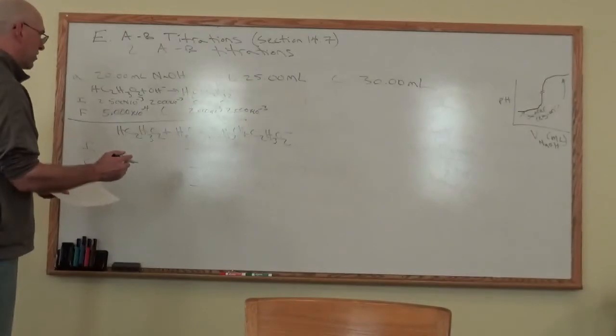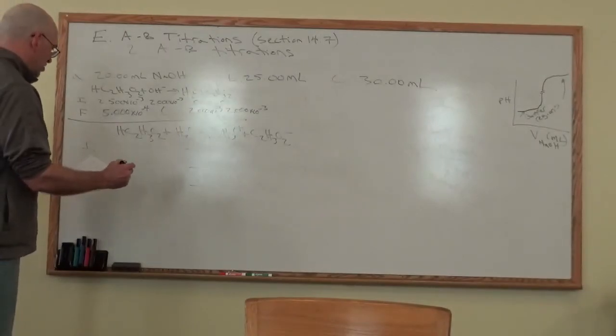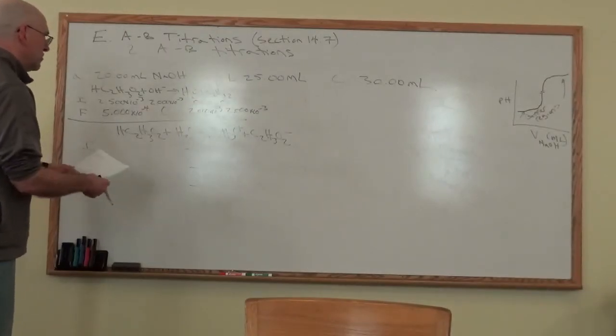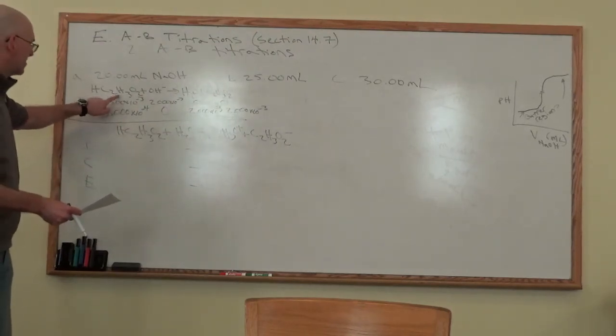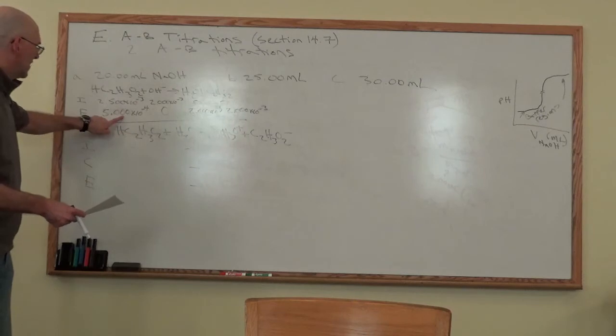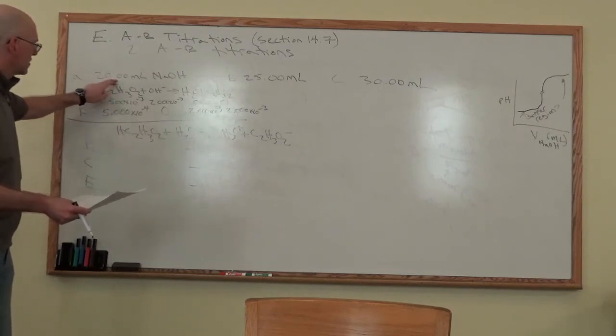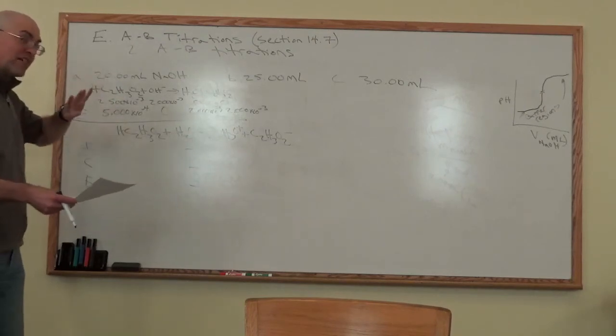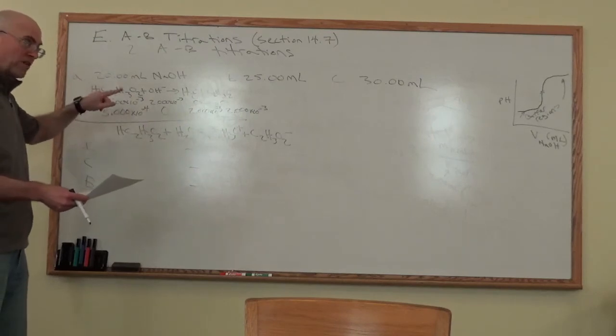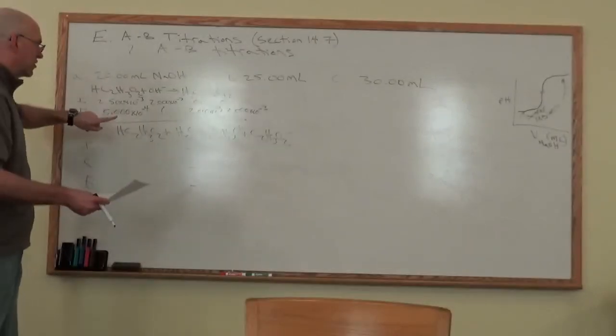So what are we dealing with? We actually know two of these things, don't we? The initial concentration of acetic acid is going to be these moles divided by the total volume. I'm going to let you figure this out. 20 mils added of NaOH plus 25 mils is 45 milliliters, so 4.5 times 10 to the minus 2 liters.